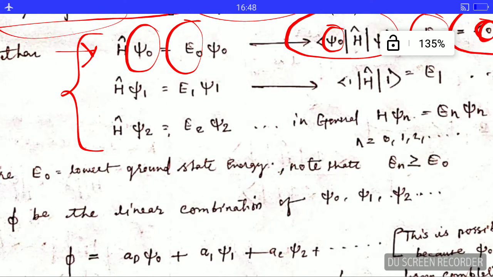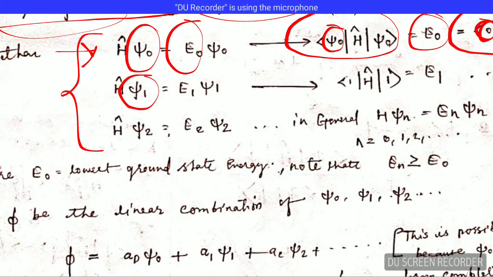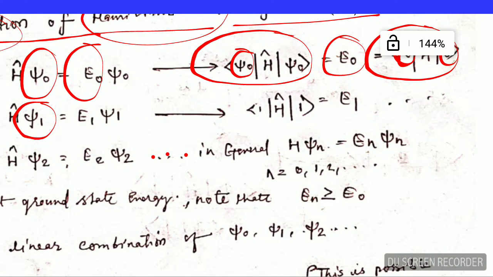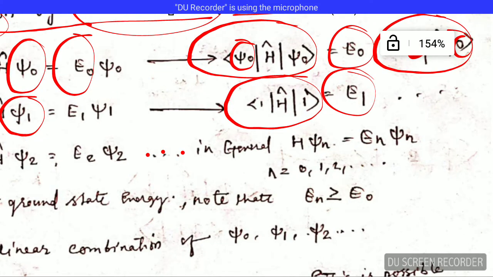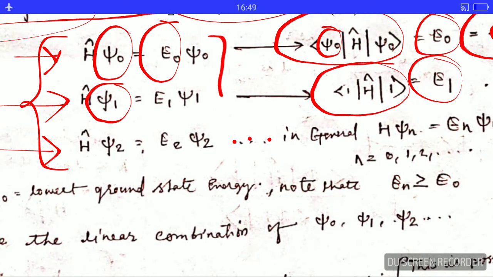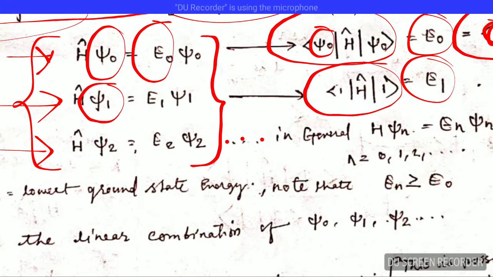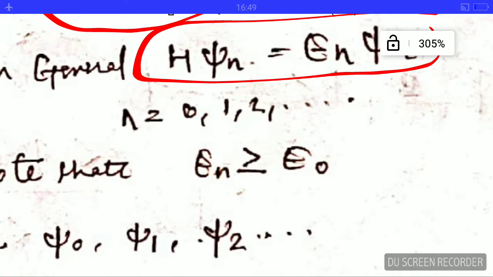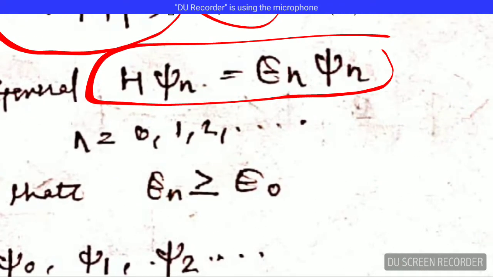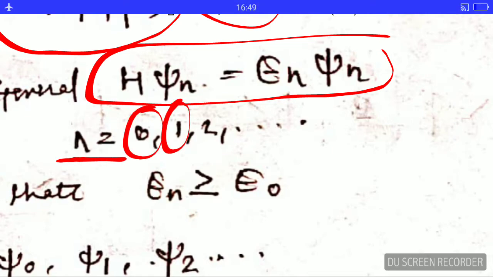Similarly, for the first state, this is the eigenvalue for the other states, and so on. If we take the expectation for the first state, then you get the energy of the state psi 1. Okay, so in general these equations can be written in this form, where n equals 0, 1, 2.